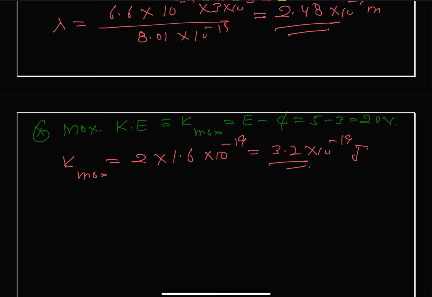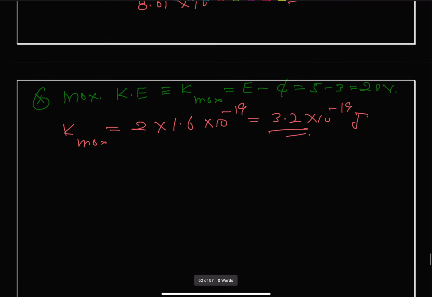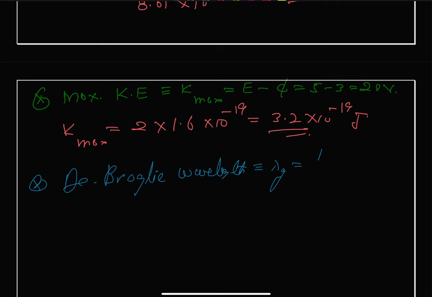Now we can find out the De-Broglie wavelength. Wavelength lambda g is equal to h upon square root of 2 times mass of electron multiplied by kinetic energy, which we just found out. This kinetic energy is the maximum kinetic energy.